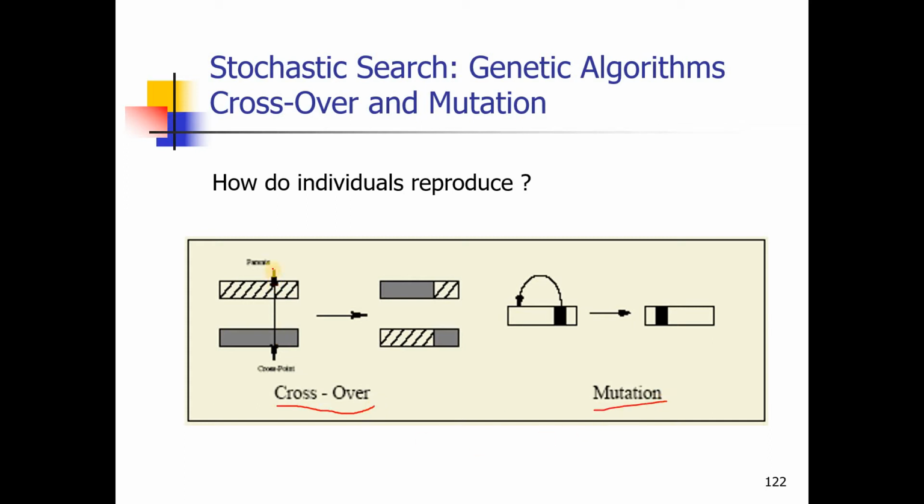In the crossover, one pair of chromosomes, that is, two chromosomes, is selected and cut at a random point. For example, it is cut at this location, say 70-30, such that one side is 70% and the other side is 30%.